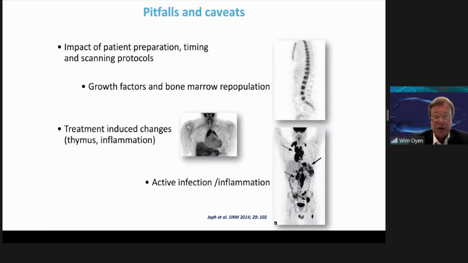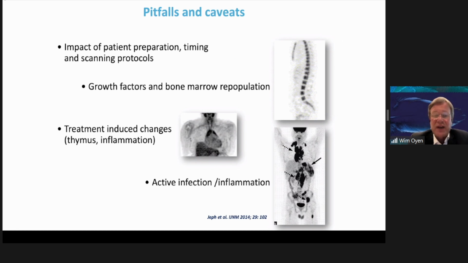You have to be very conscious of the fact that if you scan relatively early at baseline, so relatively early after injection, and then do your follow-up scan a lot later after injection, so with a longer interval between injection of FDG and scanning, this may and will affect biodistribution and may influence the FDG targeting to the tumors, and thus may falsely tempt you to read in favor or against response.